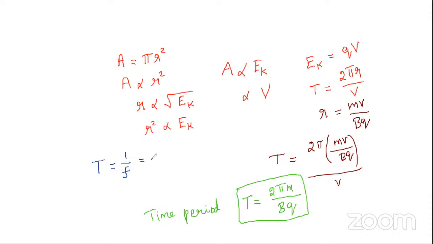That means the reciprocal of this time period, that will be bq by 2 pi m. This is the frequency, and from this you can calculate the angular frequency also. And what is the equation? Omega equal to 2 pi into f.